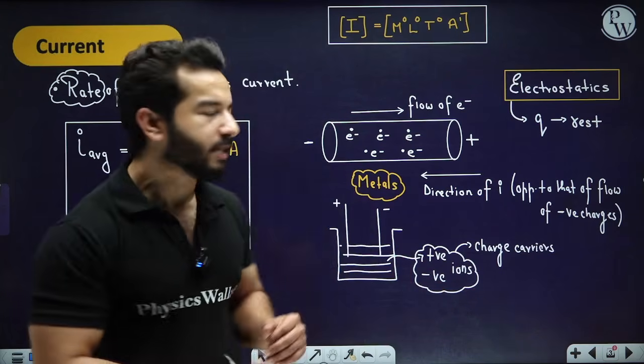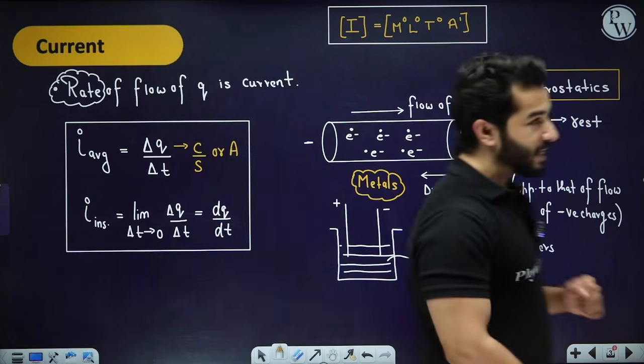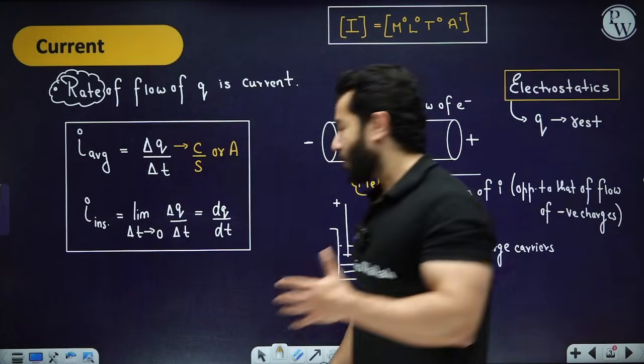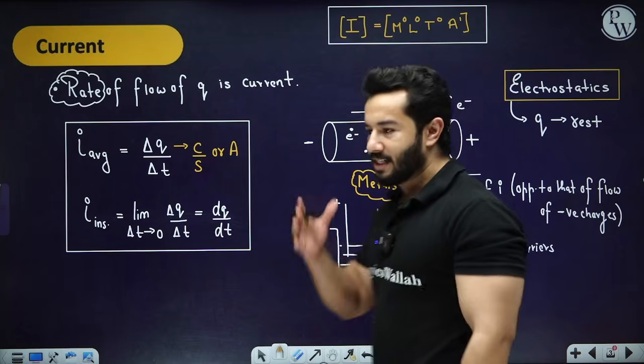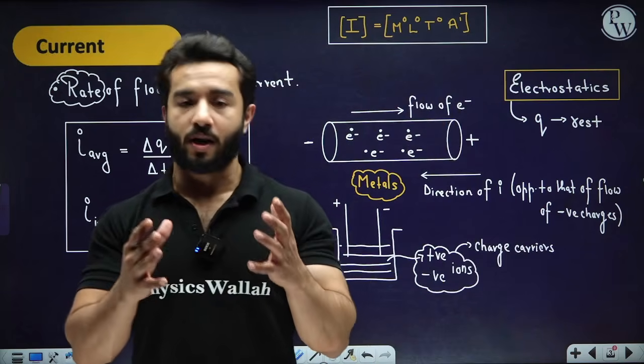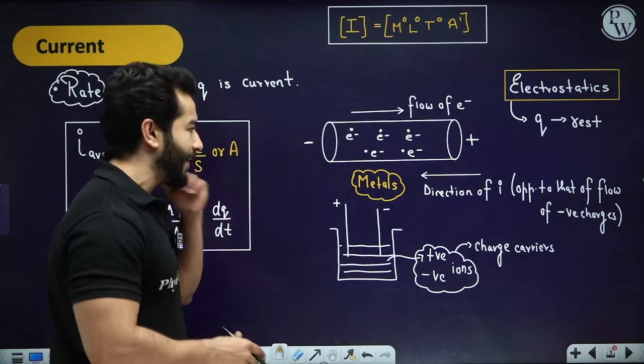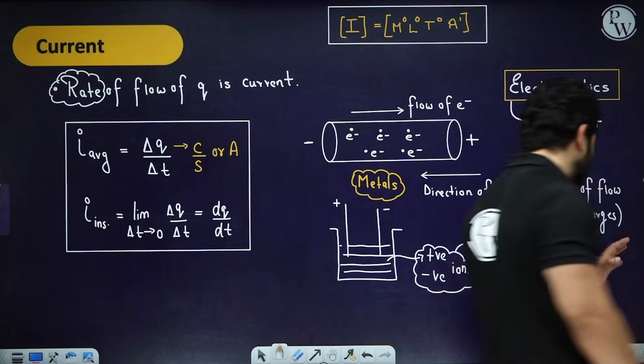Electrons are charge carriers in the case of a metal. When we talk about an electrolytic cell, charge carriers are both positive and negative ions. Hopefully everything is clear, right?